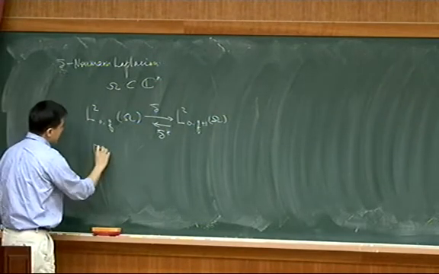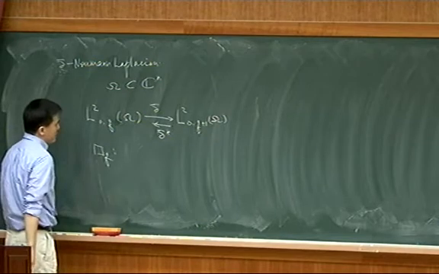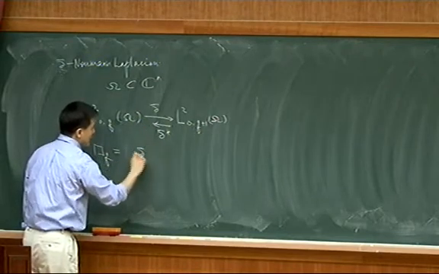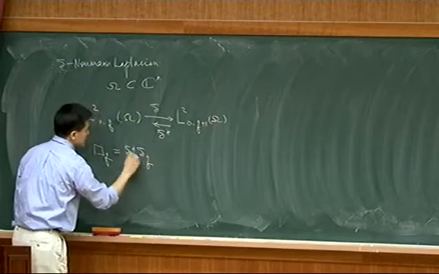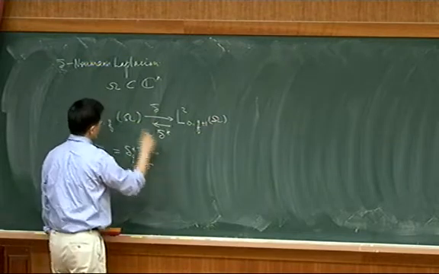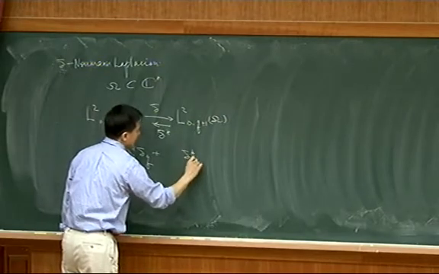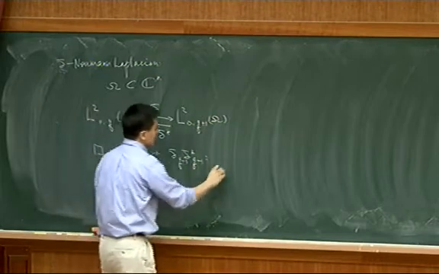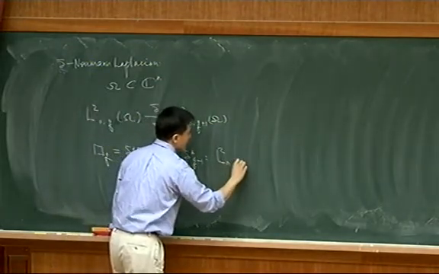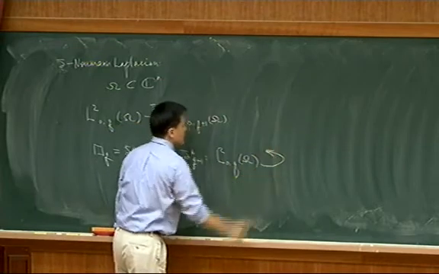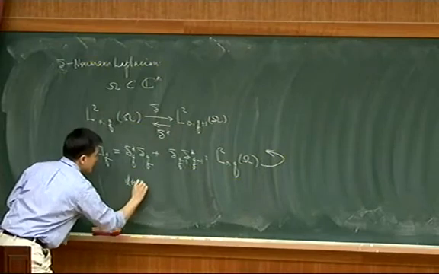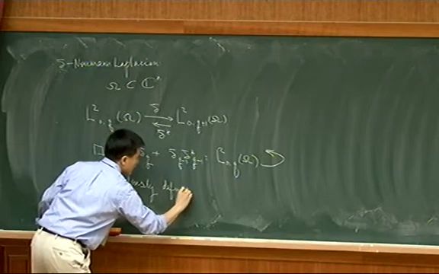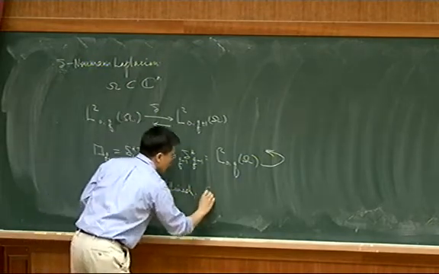So the dbar-Neumann Laplacian on (0,q) forms is just this operator dbar dbar star plus dbar star dbar on (0,q) forms. It is a densely defined closed self-adjoint operator.